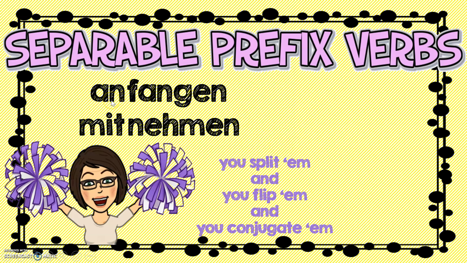So here are 2 other separable prefix verbs: anfangen, which means to begin, and mitnehmen, which means to take with. We're going to split anfangen between an and fangen, and we're going to split mitnehmen between mit and nehmen. After we split them, we're going to flip this prefix to the very end of the sentence.